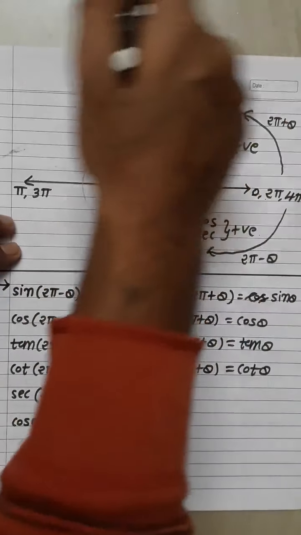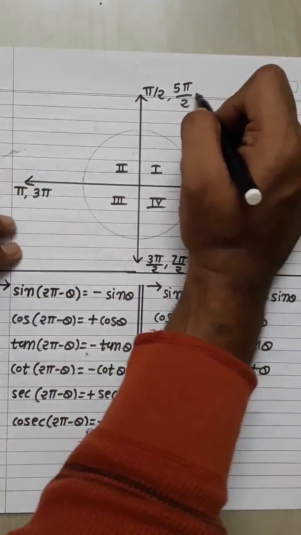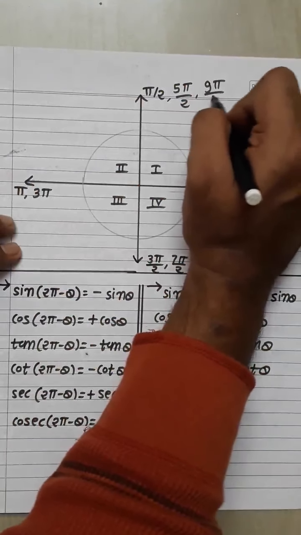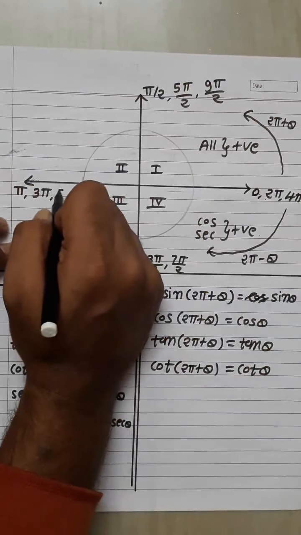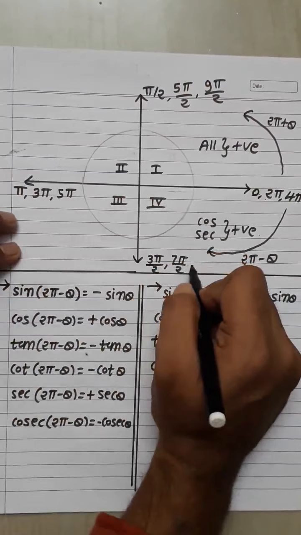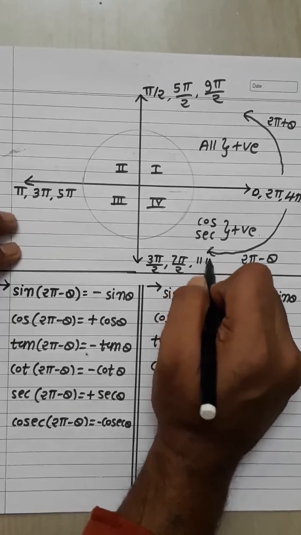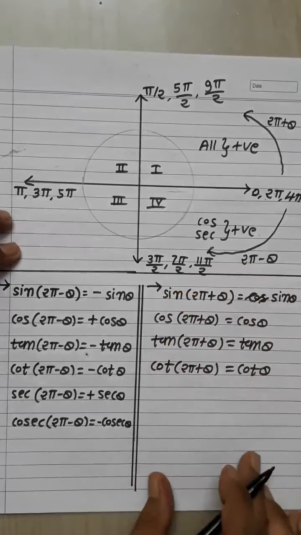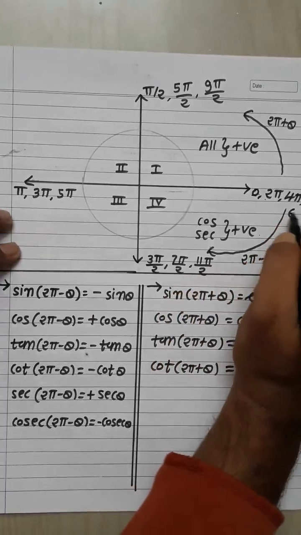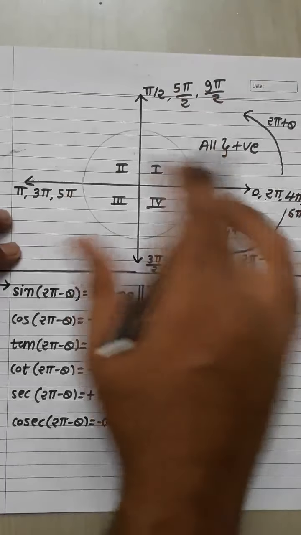Again moving this circle, here we write 9 pi by 2, 5 pi here, 11 pi by 2 position here, and in the same way 6 pi is here.